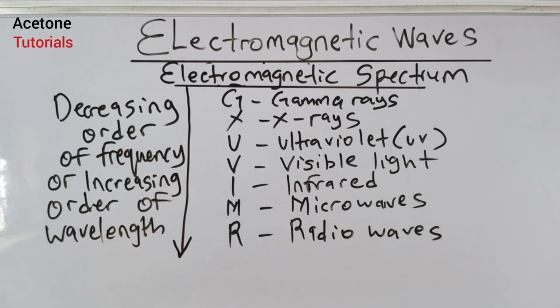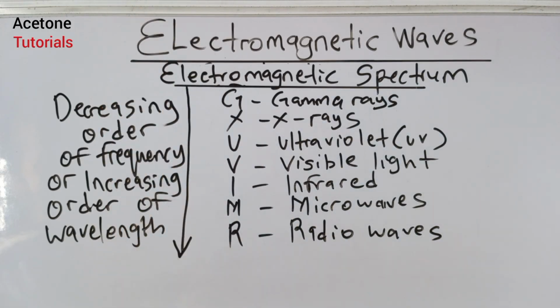The meaning of this is that gamma rays have the highest frequency and the lowest wavelength, while radio waves have the lowest frequency and the highest wavelength. So the higher the frequency, the lower the wavelength.